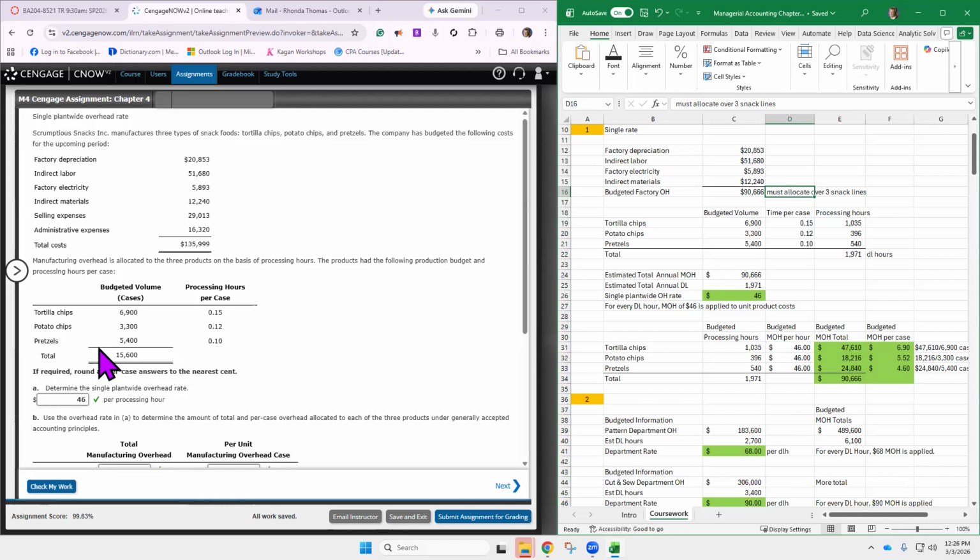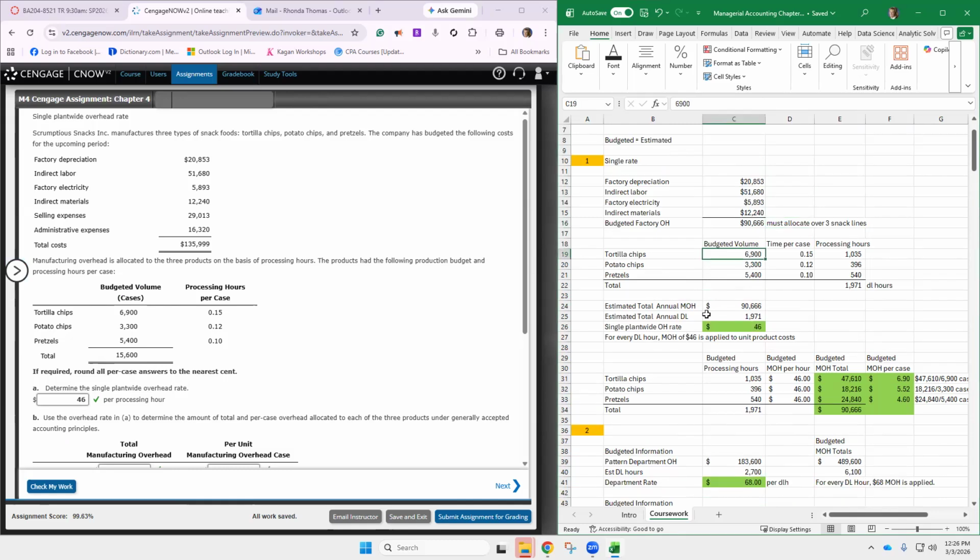Here comes the volume, and this is by the case, not by the bag or whatever. It looks to me like tortilla chips are the heaviest volume, with potato chips being the lowest, right? And then this is how long it takes in direct labor hours to process a case.